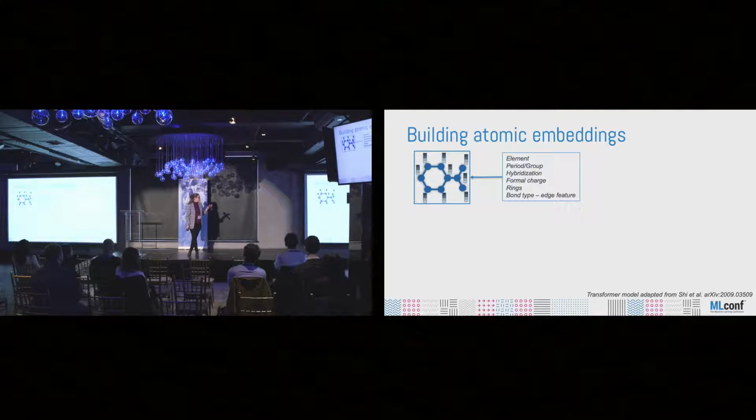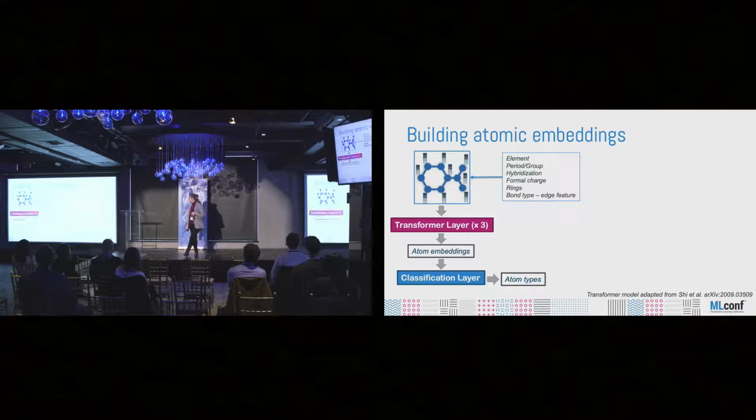Usually the features of the atoms will be the element name, the period and group in the periodic table, hybridization, formal charge, and bond type. There are different types of chemical bonds, so that's what we include in our work. Then we pass it through 3 layers of graph transformers, and the embeddings get trained against a classification task, which is defining the atom type.